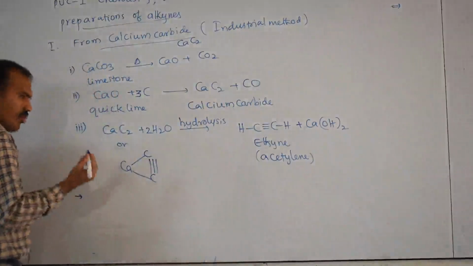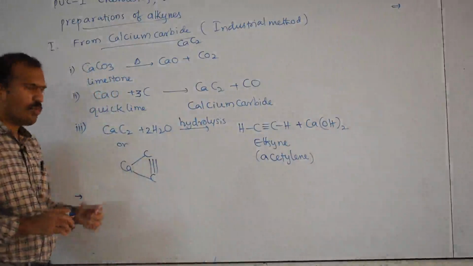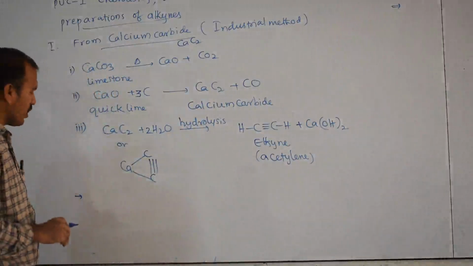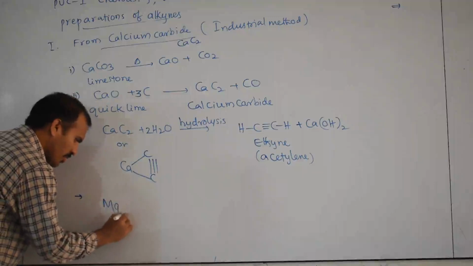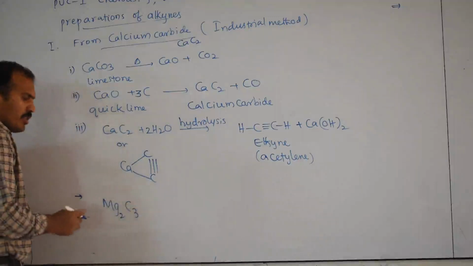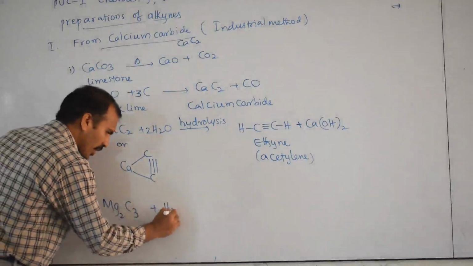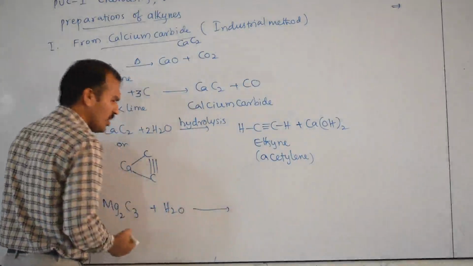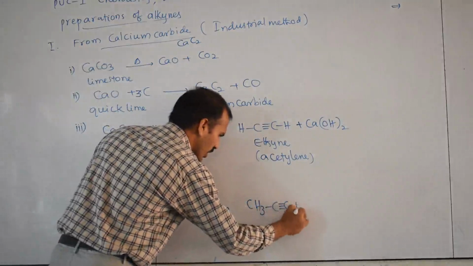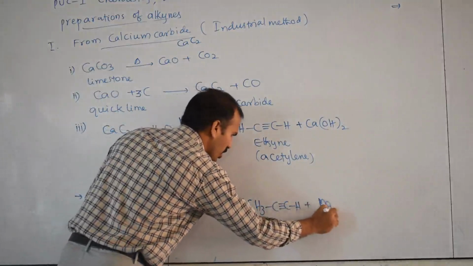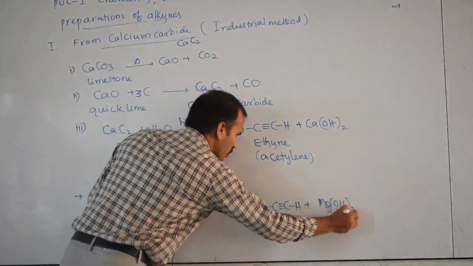Then for competitive exam purposes, or you may have studied it in the second group elements. Now magnesium carbide, Mg2C3. On hydrolysis, this gives propyne, CH3C triple bond CH, plus magnesium hydroxide.